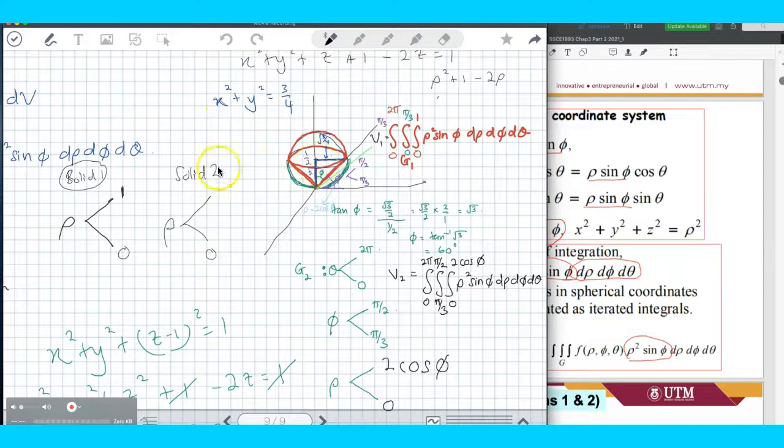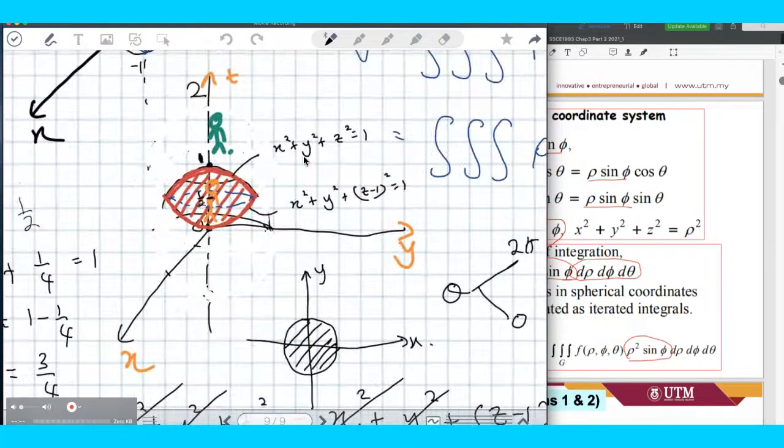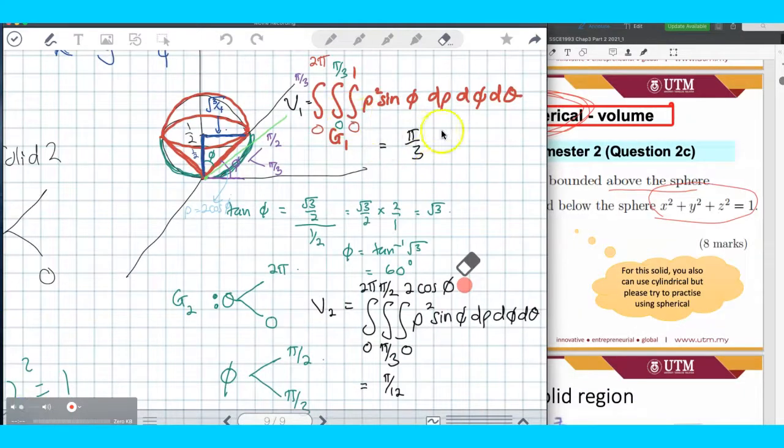So you can see here the process to get the volume of the given solid is quite complicated for spherical coordinates. Okay, so again, I don't want to do it for you, so you have to do it for yourself. I just give you the final answer.